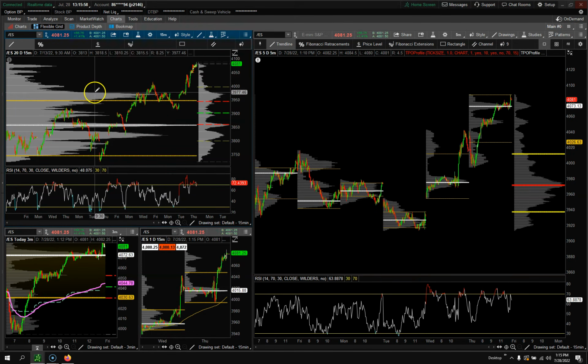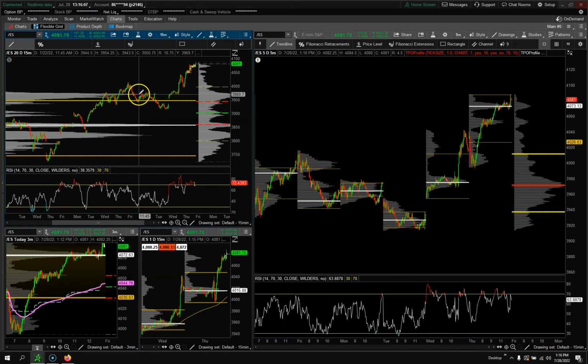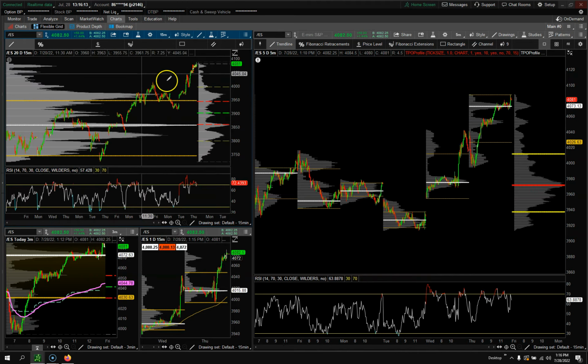I call it a tabletop. 3571 is almost this point of control right here, a high volume node. It's not the point of control, but it is for this price action. So I would say there are now multiple places where I would look to be a potential buyer.